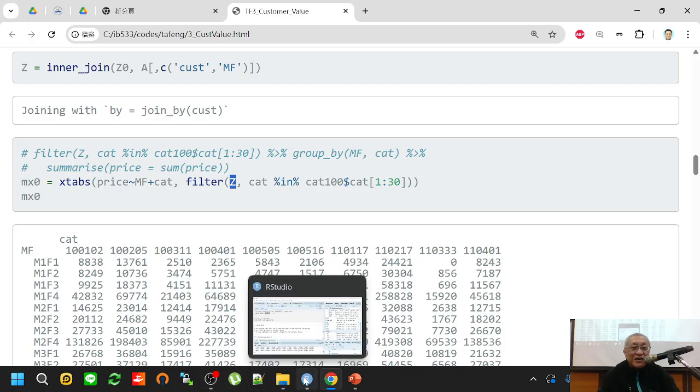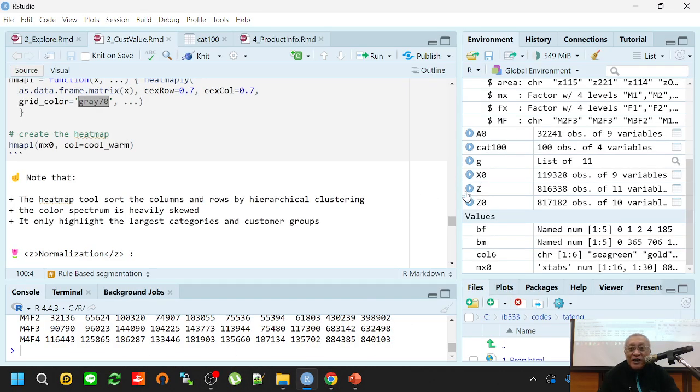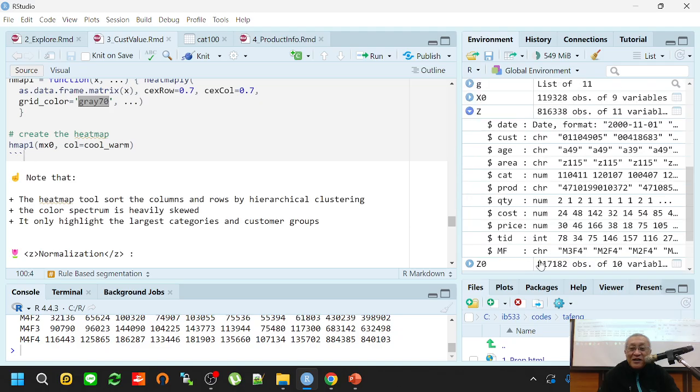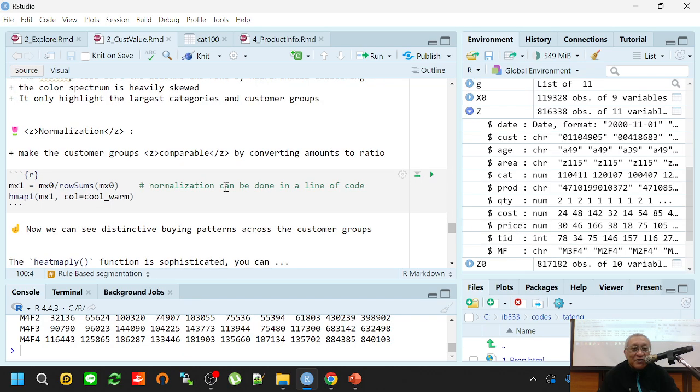In this Z data frame here, we have an MF. Z has data on product category and also product code, right? So I want to summarize the price. Where is that line of code?